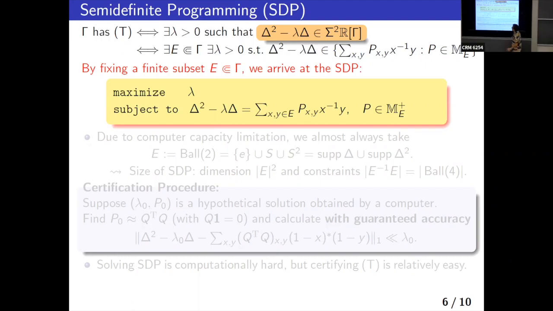Because if gamma has property T, you don't know if the solution is in the given finite subset E. But for the given finite subset E, you can find the solution or not, checked by computer.